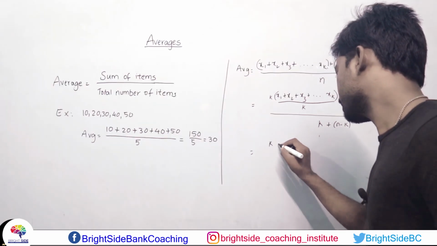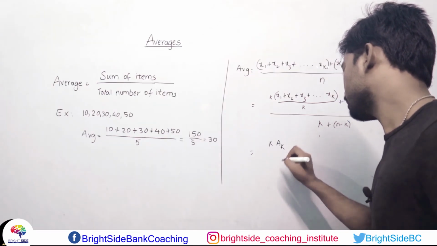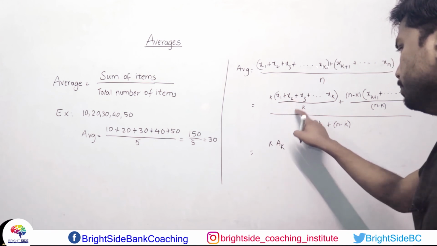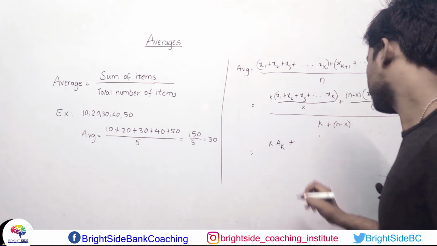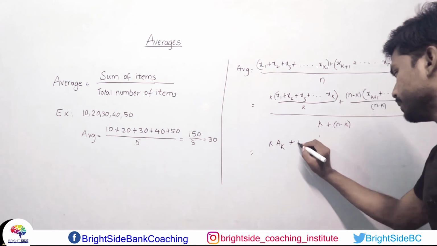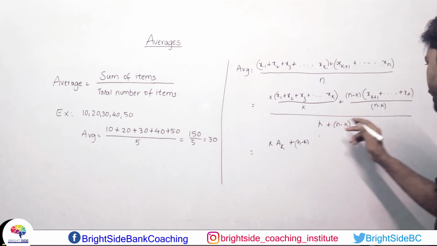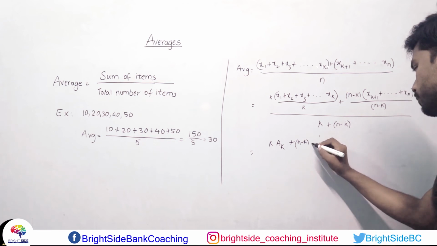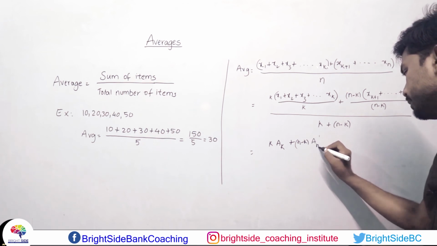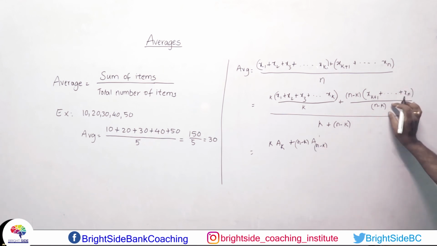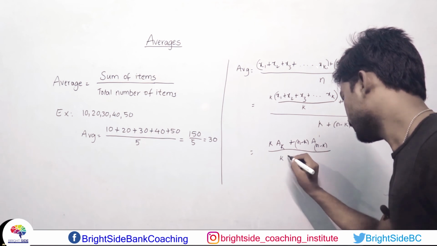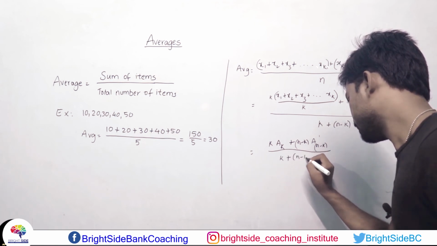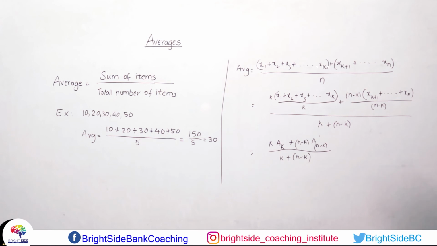So k into Ak, where Ak means the average of k elements. So this k will be left. Then n minus k will be there, and this is an average of n minus k elements, sum of the elements by the number of elements, k plus n minus k.